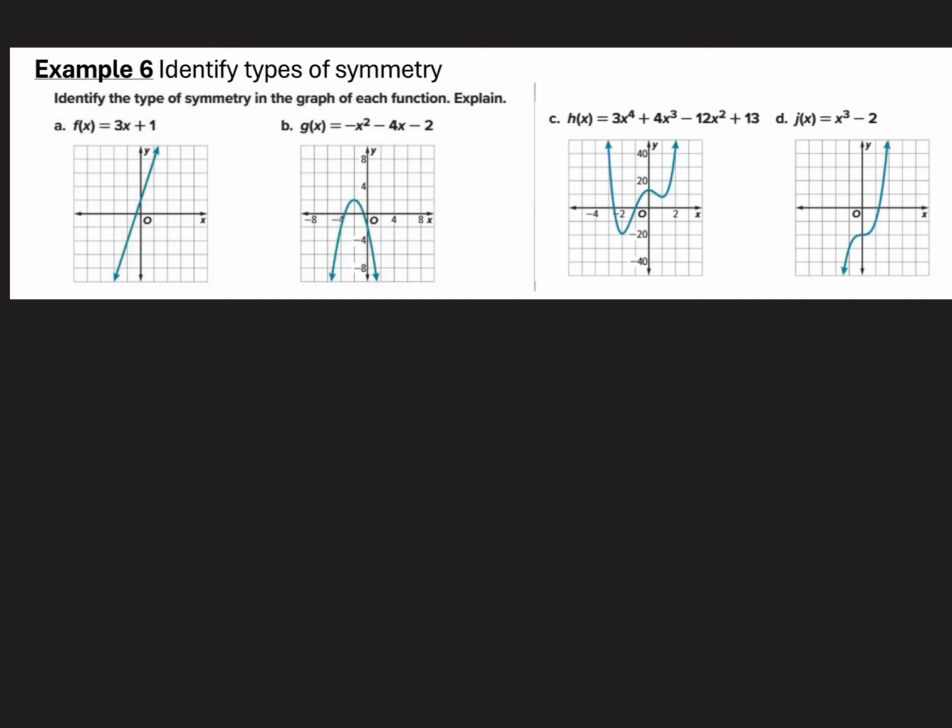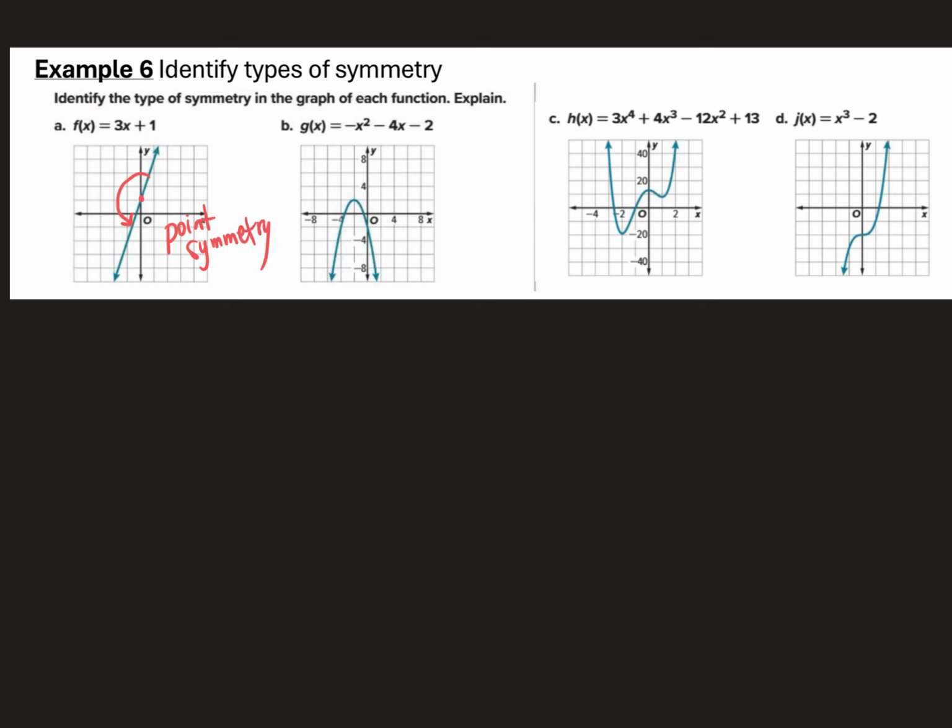No. So it does not have line symmetry. It has point symmetry because you could choose this point and rotate that graph 180 degrees, and it would map onto itself. So this one has point symmetry.